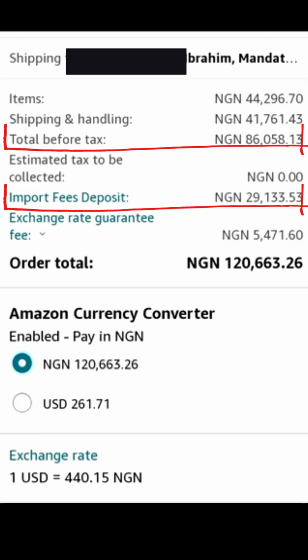Then you avoid this import deposit fee, so this 19,000 and the 41,000.